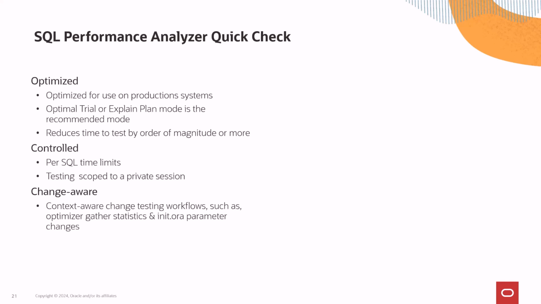SPA Quick Check is optimized to use on production systems, thus reducing the time to test. It's controlled because we can do it as per SQL time limits. And for change aware, if there is any change in optimizer gather strategy or gather statistics, we are aware of those changes.